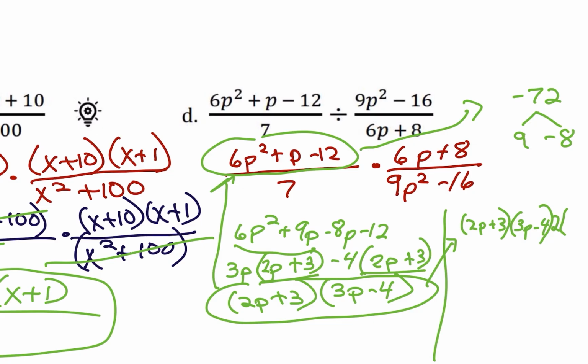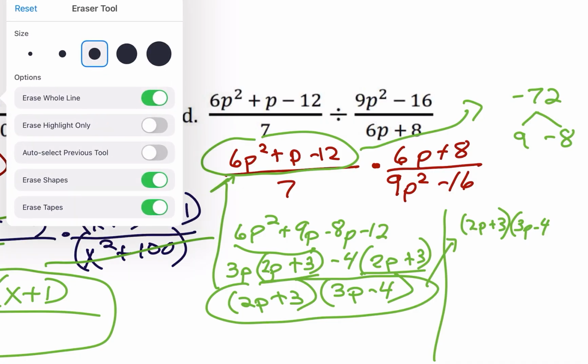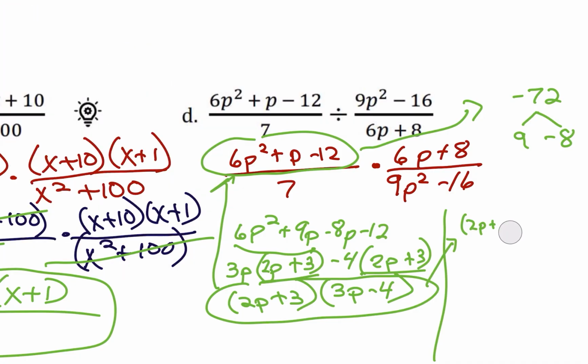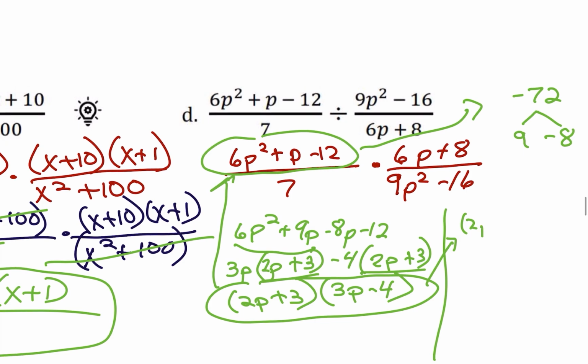I'm going to take a minute, sorry, and just rewrite this quickly for you so you can see exactly where we're going with that. Okay, so I'm going to write a lot smaller, and I'm just going to say it's 2p plus 3, and then 3p minus 4.